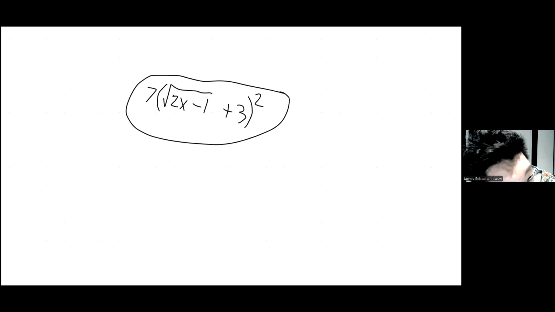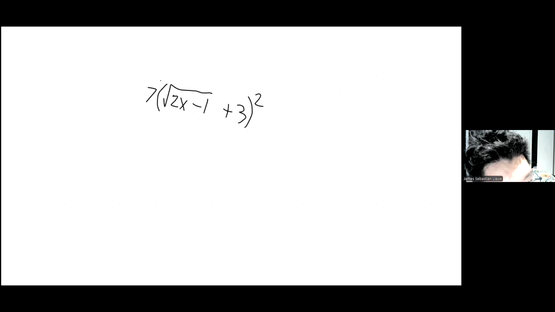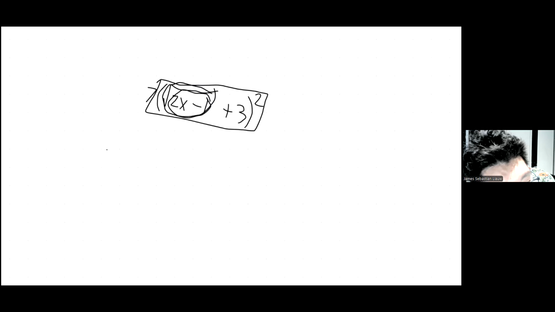So this is your outermost function. This is your second function. Well, no, because 7 is just a constant multiple, so you can just leave that out. This is your outermost function. Then what's inside? This is your second layer. What's inside is a surd, which means that you just have to think of this whole thing as a single variable.